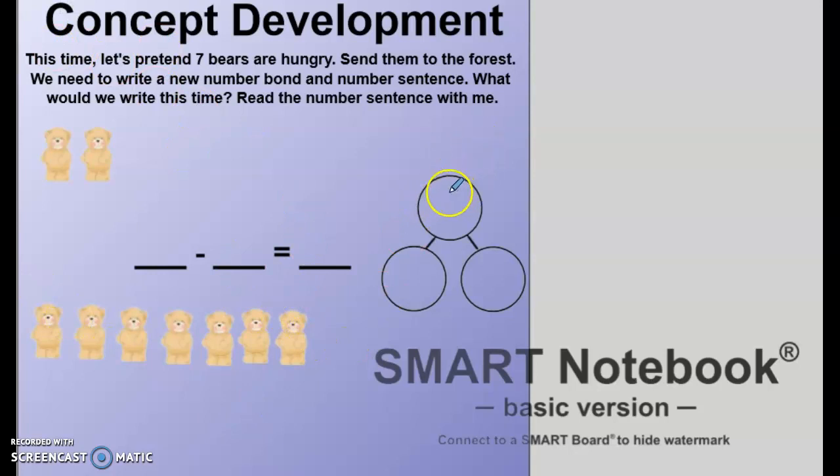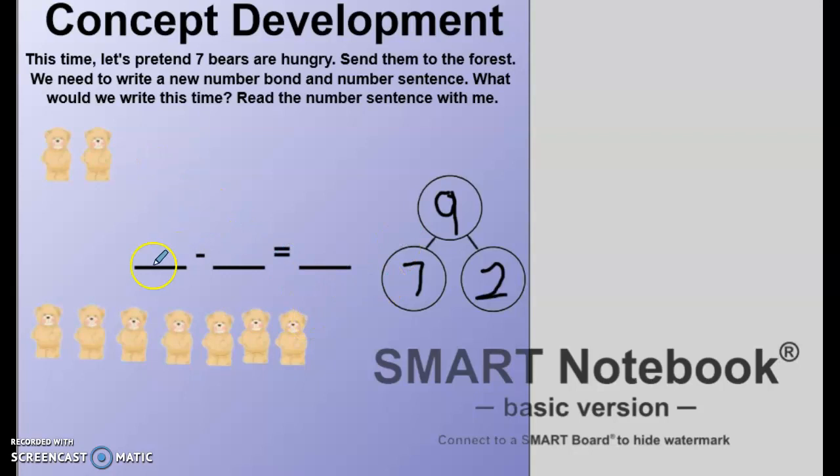We had 9 as our whole, right? If you count all these bears, it equals 9. My story told me 7 bears walked away, and I have 2 bears left at home. Now let's see if I can write my number sentence.